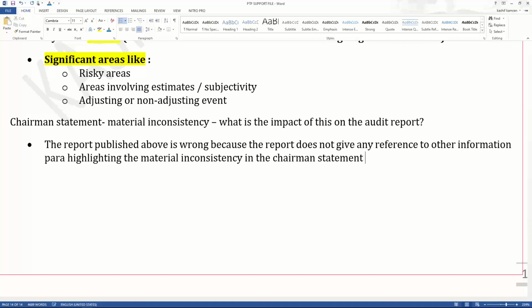So should you have included an other information paragraph in the report highlighting the material inconsistency in the chairman report? Have you done it? So is the report published by the supervisor right or wrong? There is no other information paragraph in the report.